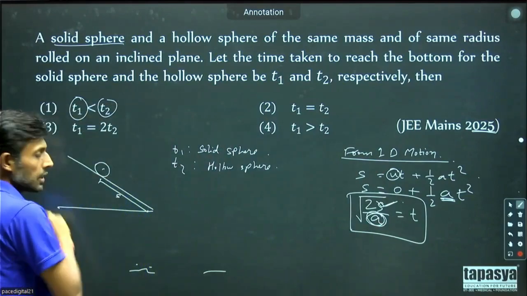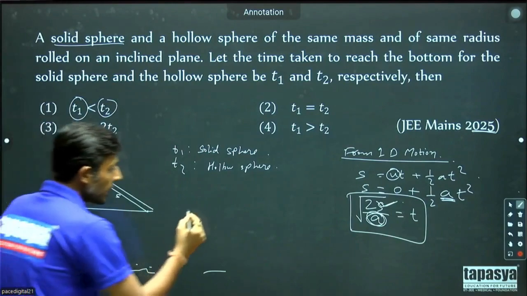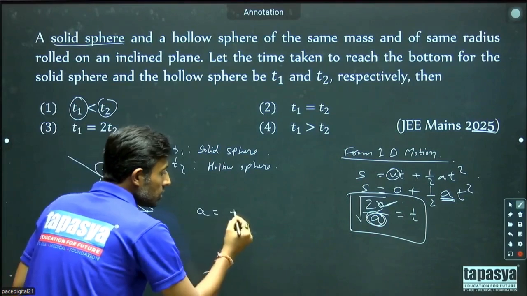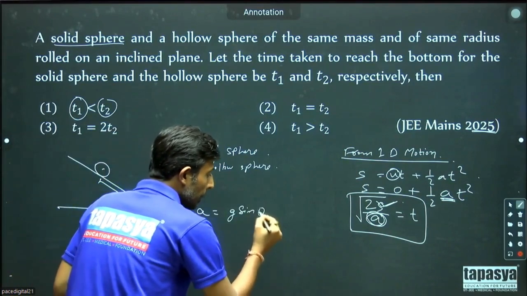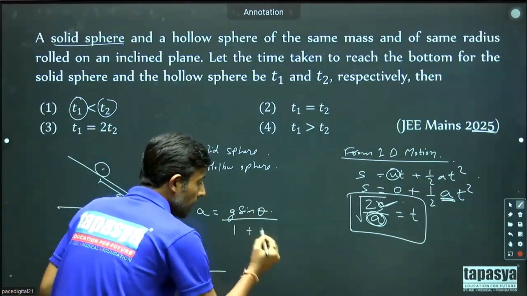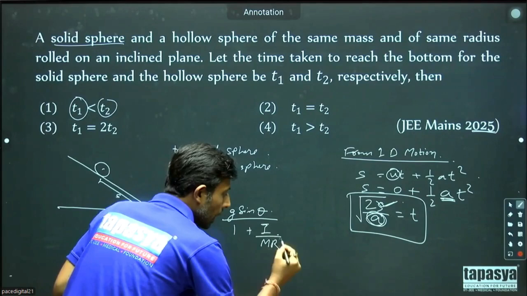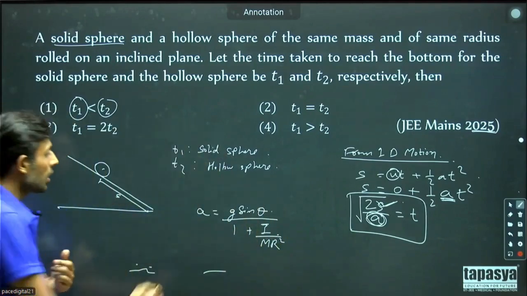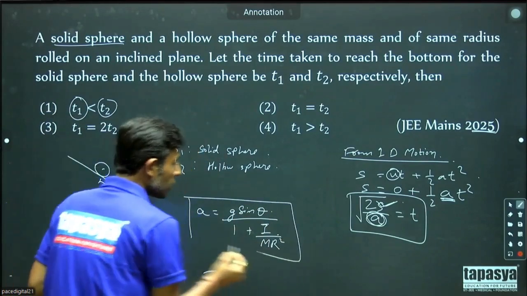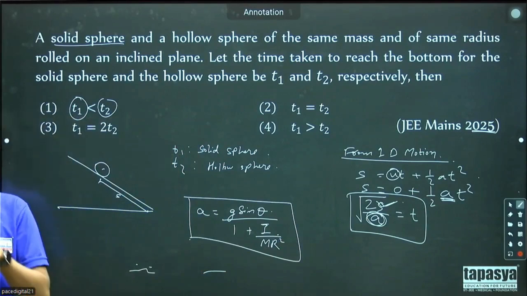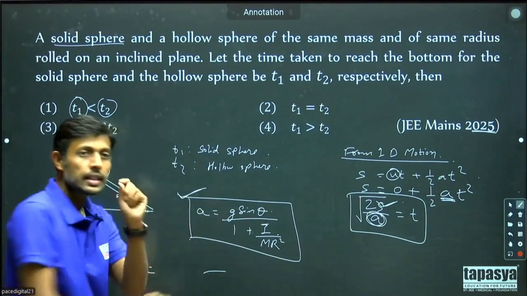For such cases, if you remember, acceleration was given by g sine theta by 1 plus the moment of inertia upon mr square. Now we'll use this to compare the two. But we have one question, how do we get this? So I'll revise that also for you.